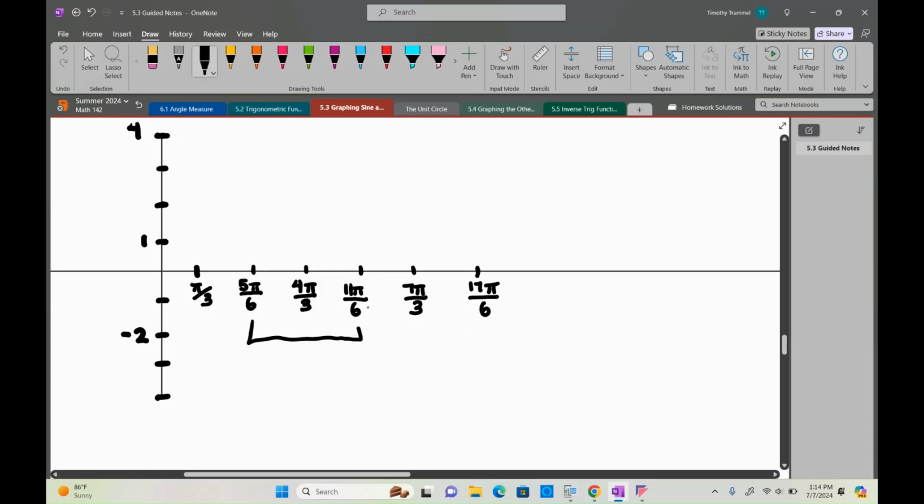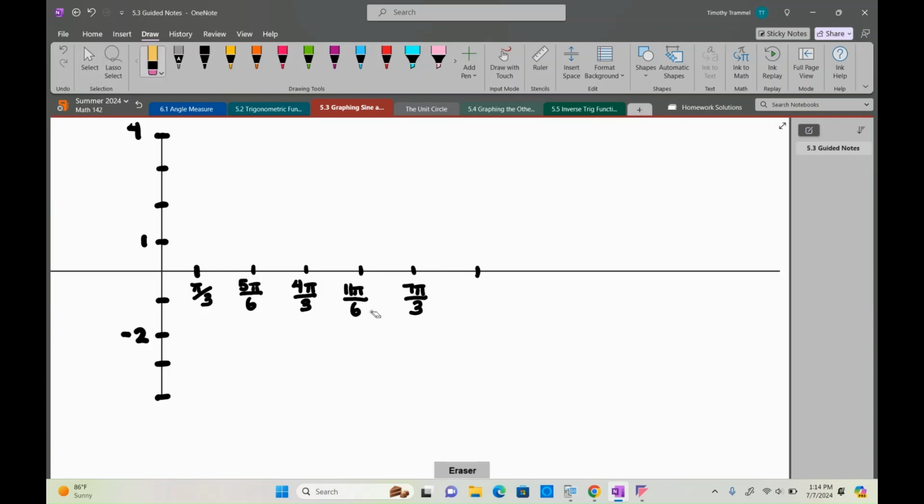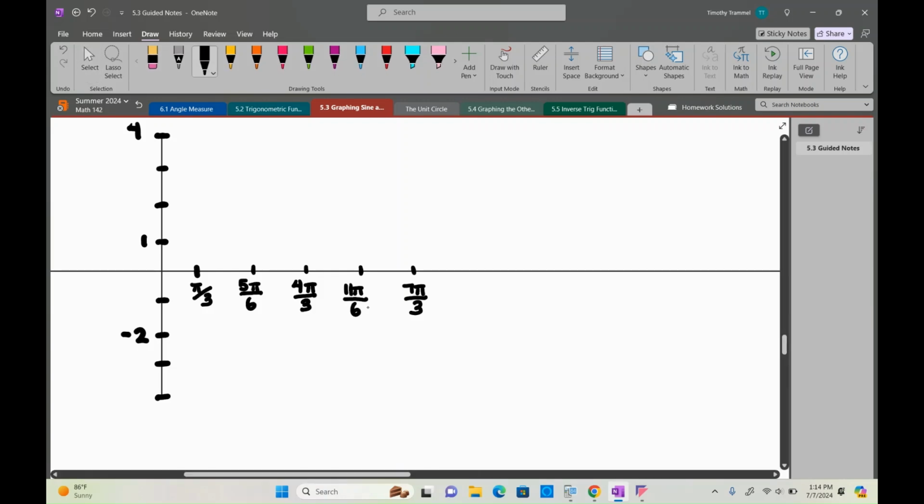I added 6 pi over 6 to get from here to here, and another 6 pi over 6 to get from here to here. Similarly, to go from here to here, I added 3 pi over 3. So if I add another 3 pi over 3, I'll get 10 pi over 3. I'm going to make this a little bit smaller. There we go.